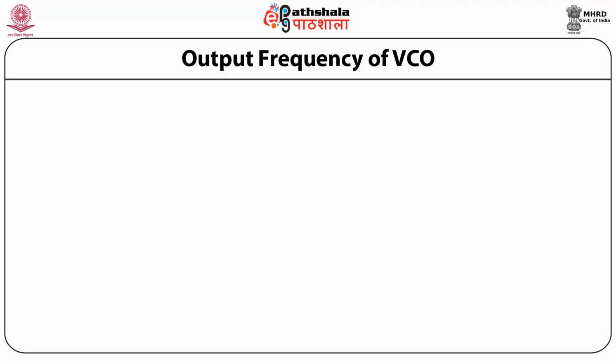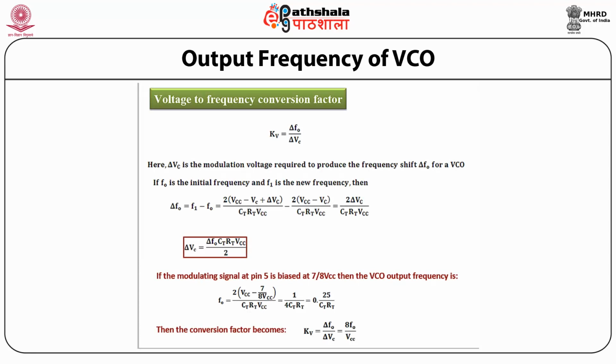Now, there is another parameter, that is the voltage to frequency conversion factor kV, which is delta F0 by delta VC. Here delta VC is the modulation voltage required to produce the frequency shift of delta F0 for a VCO.